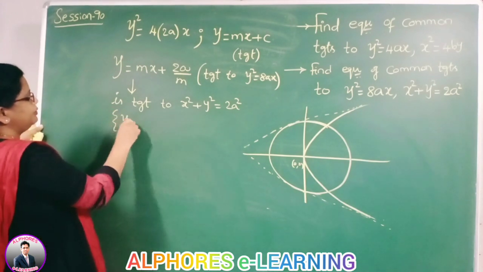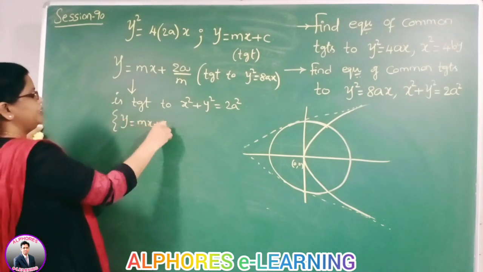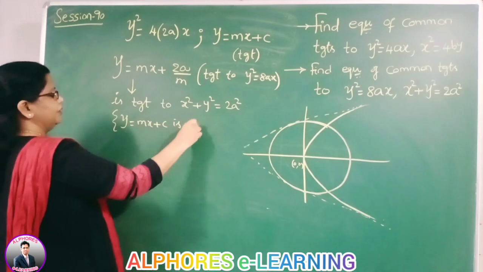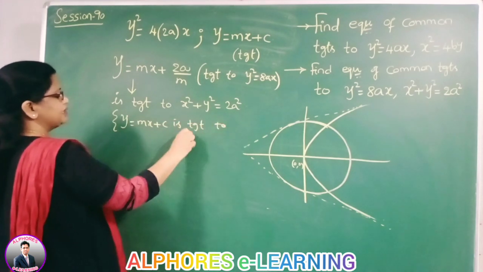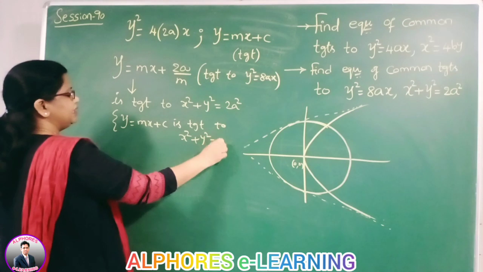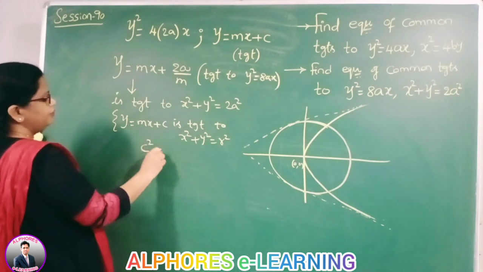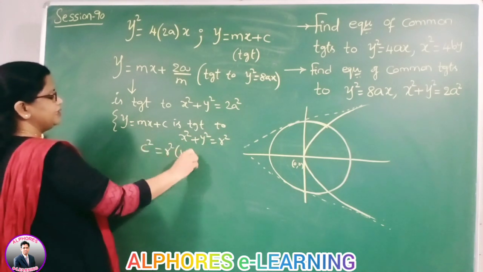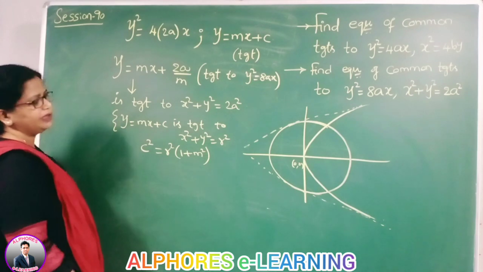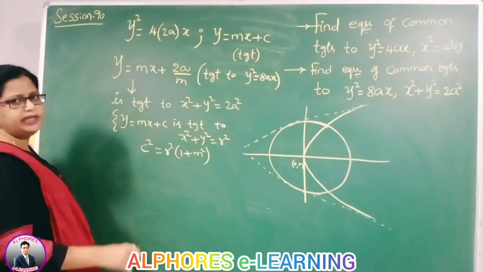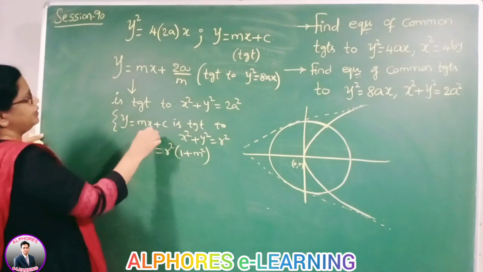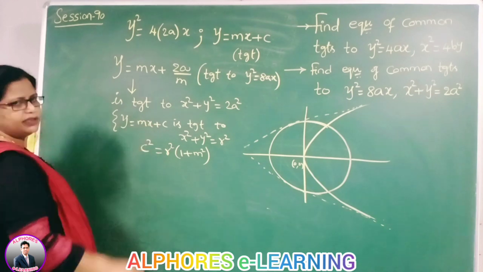Now all of you remember the condition. Whenever y equal to mx plus c is tangent to a circle, that is x square plus y square is r square, what is our condition? c square equal to r square into 1 plus m square. So this is our condition, or you can make use of d equal to r. Here I am making use of this condition directly.